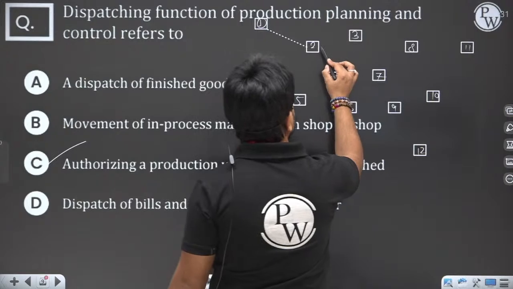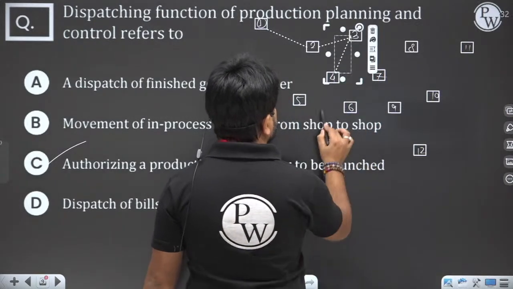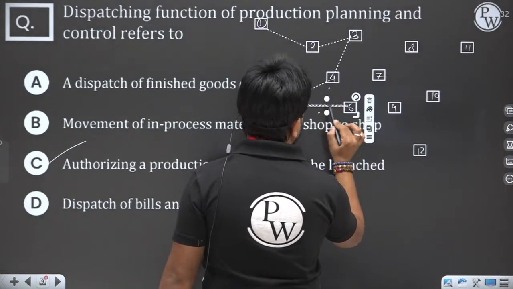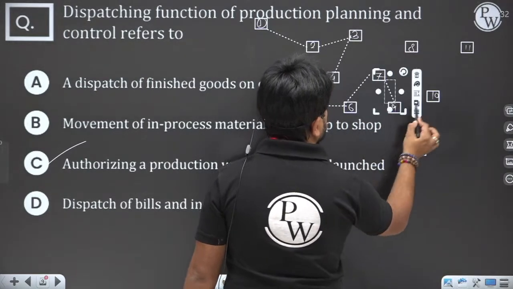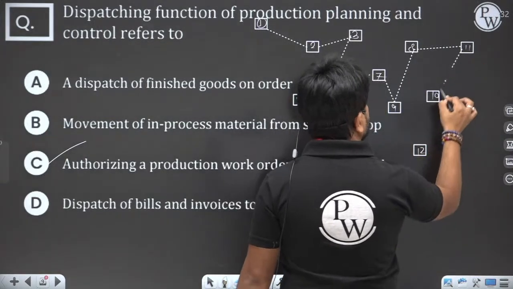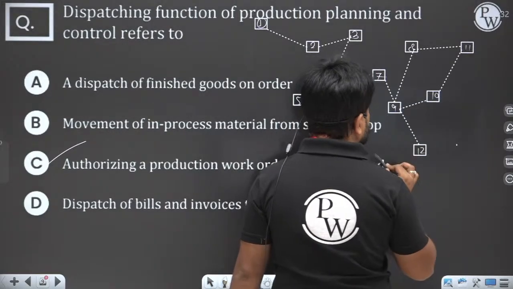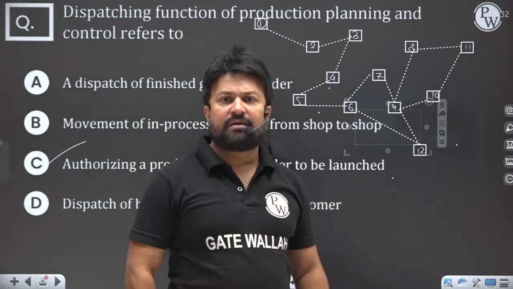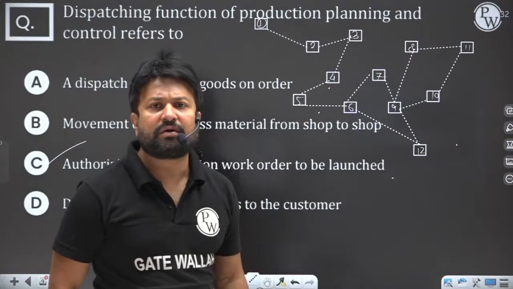Then it will go to another shop floor, and again to another, and so on. You can see that a particular product is moving through so many shop floors.